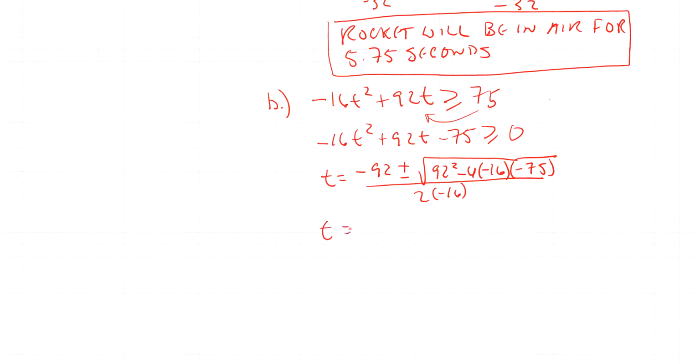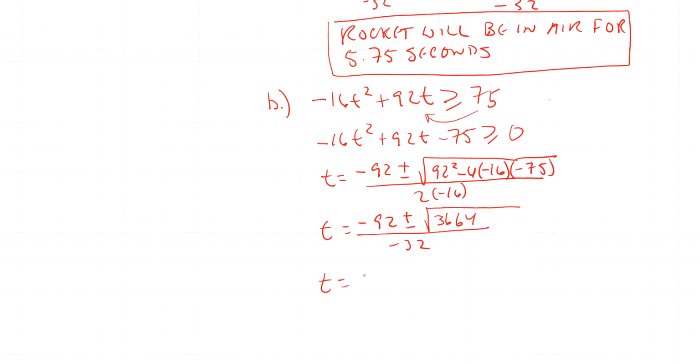So then t is going to be equal to negative 92 plus or minus, so what is that going to be? 92 squared minus 4, oopsie, not minus 4, times minus 4 times negative 16 and times negative 75. And this ends up being 3664 divided by negative 32.